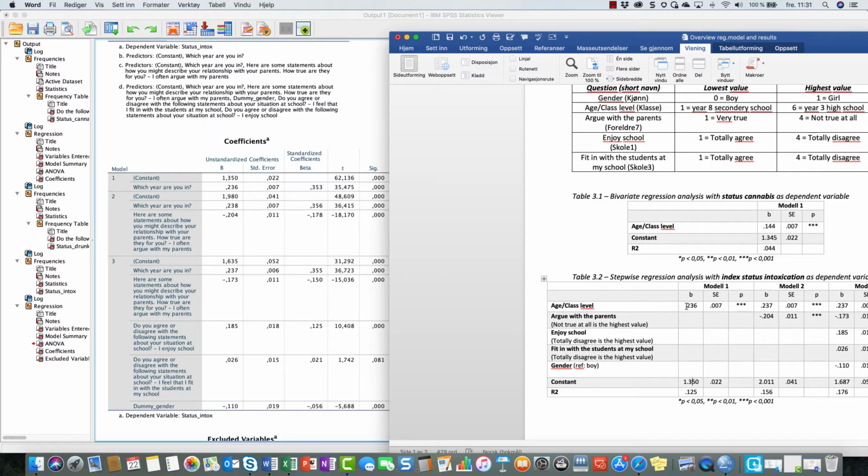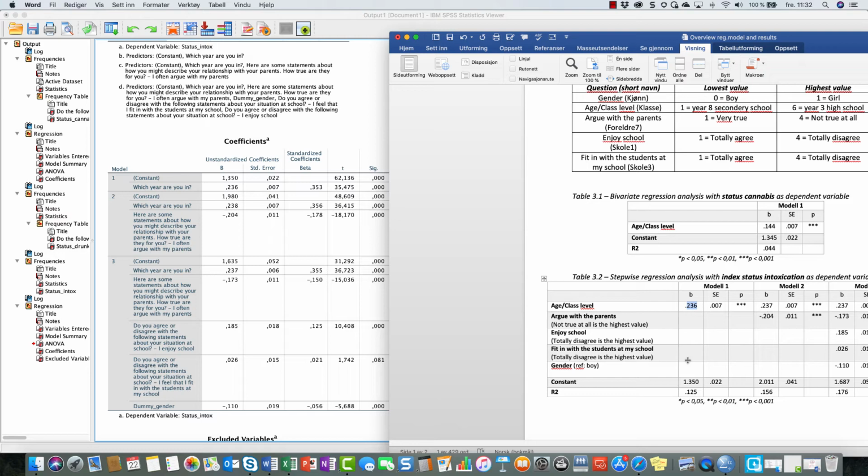But this I can interpret in a meaningful way. And it says that as you go one scale unit up on age or class level, you go from the 8th graders to the 9th graders, the index status intoxication increases by 0.236 scale units.